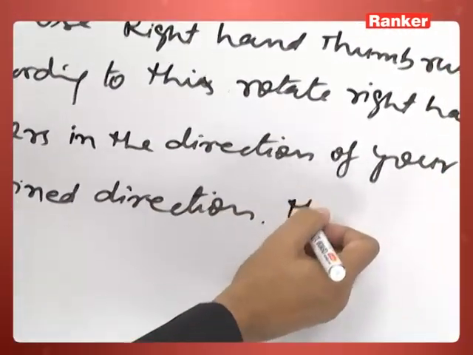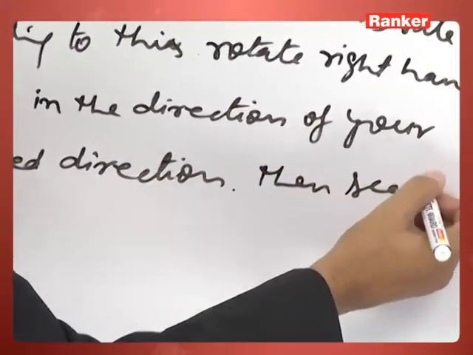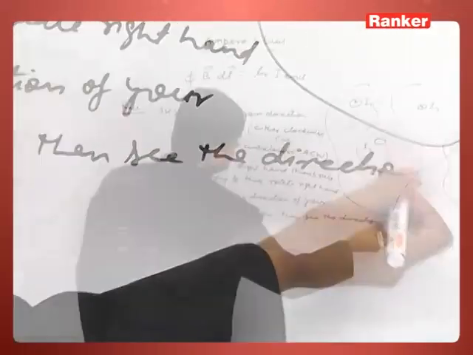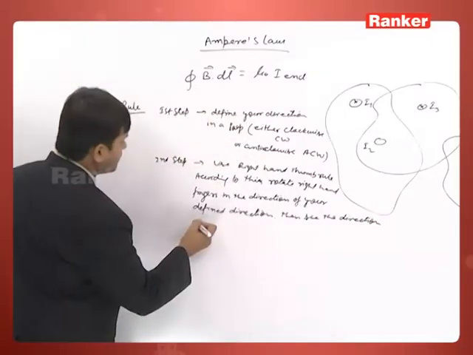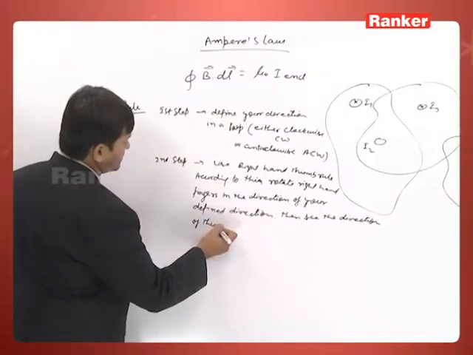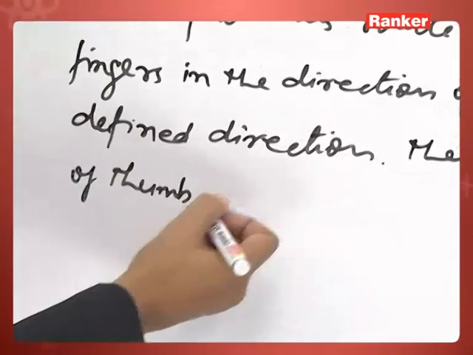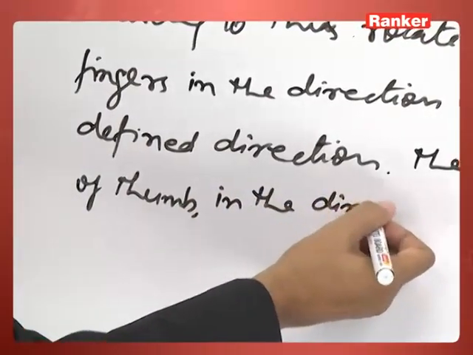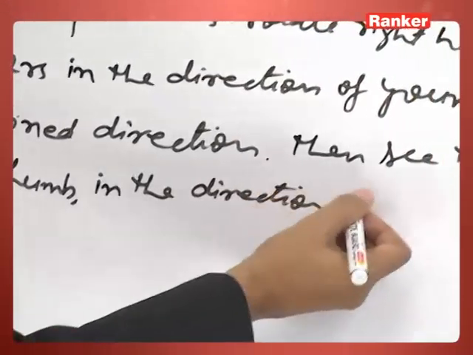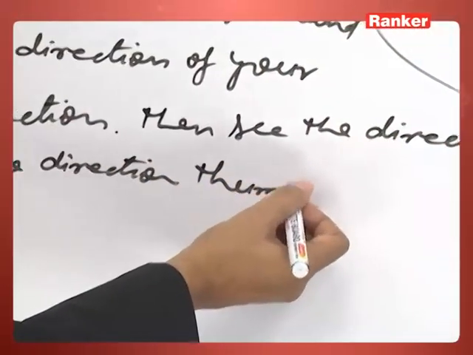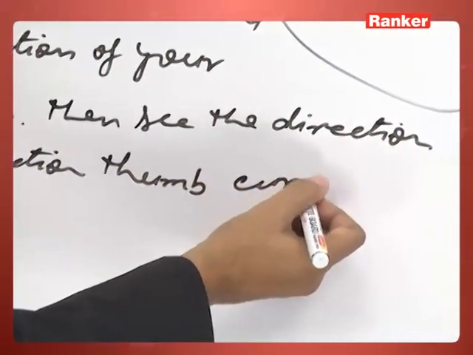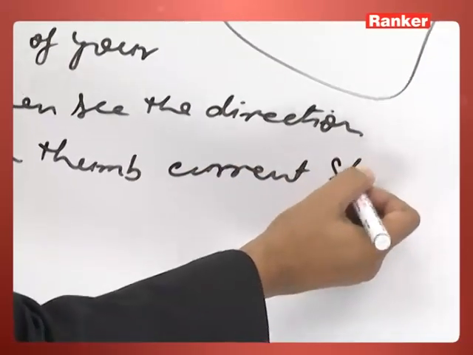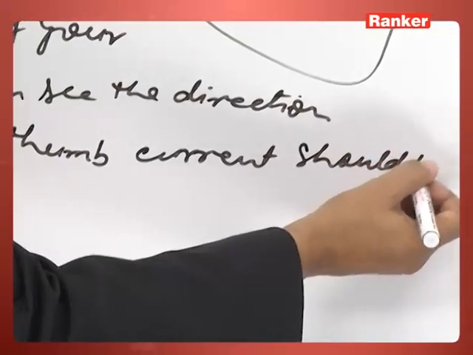Then see the direction of the thumb. In the direction of the thumb, current should be taken as positive.